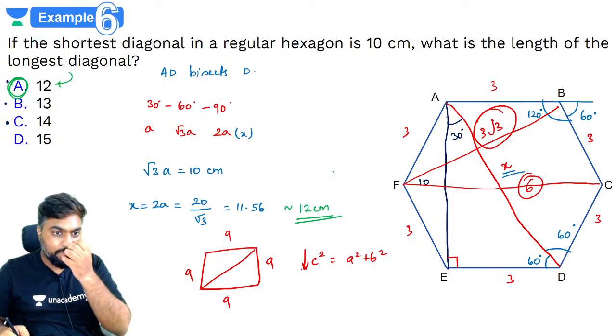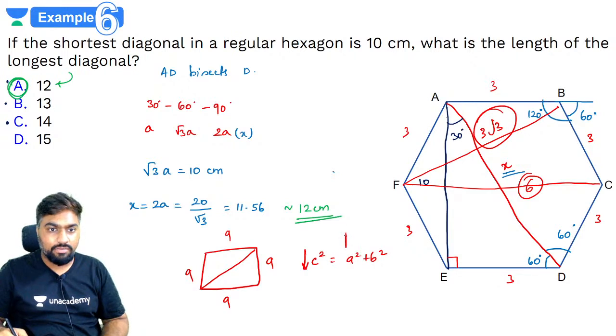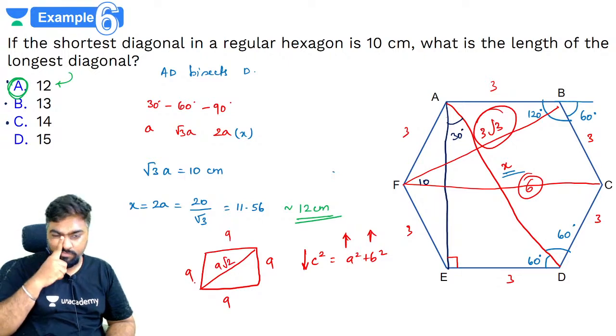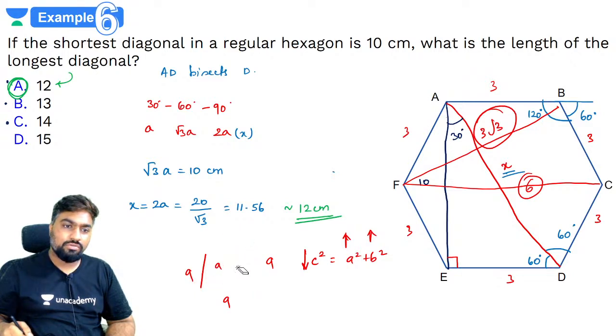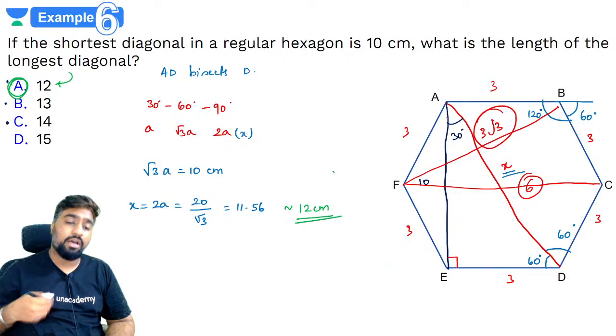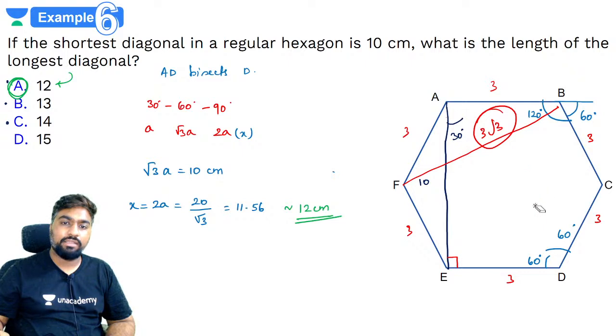If c square has to be minimum, that means a square and b square should be maximum. If both have to be maximum, मतलब ये दोनों इक्वल होने चाहिए. समझ रहे हो साक्षी? c square मिनिमम मतलब ये दोनों मैक्सिमम, ये दोनों मैक्सिमम मतलब इक्वल. तो पिथागोरस थ्योरम से ये क्या हो गया? 9√2. 9√2 इज 12 से ज़्यादा. तो मिनिमम में ही अगर 12 से ज़्यादा है तो, और अगर बढ़ गया तो और डायगोनल बढ़ेंगे.